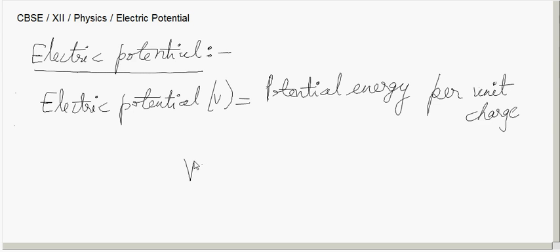So V is equal to potential energy, denoted by U, divided by Q dash, or potential energy U is equal to Q dash into V.